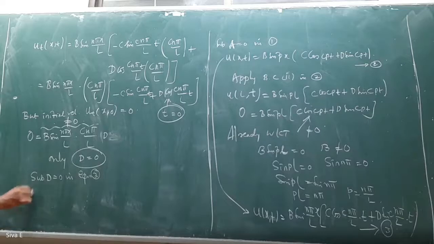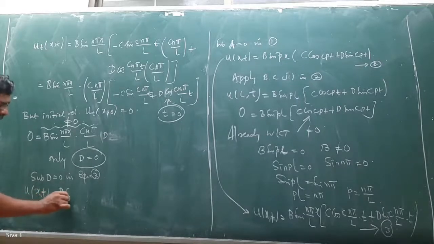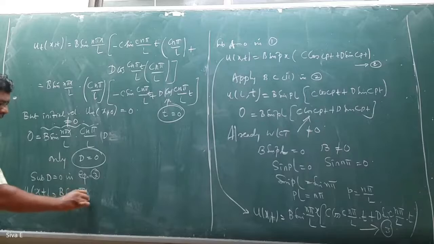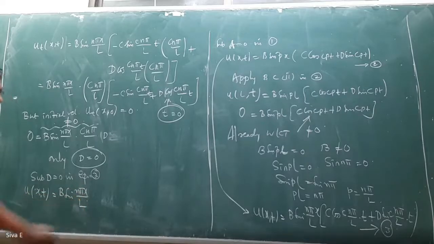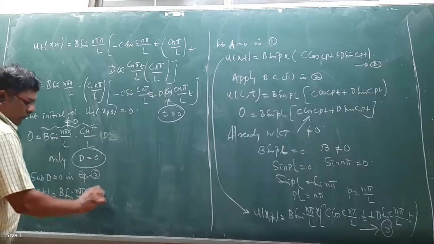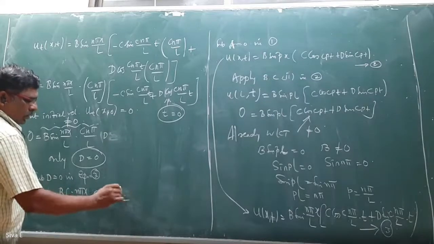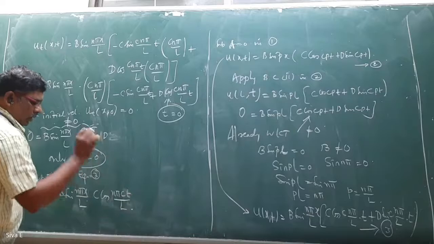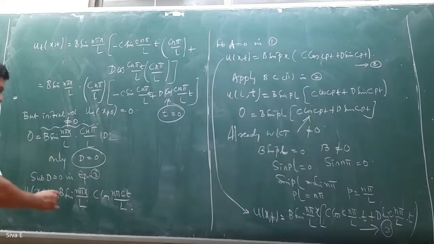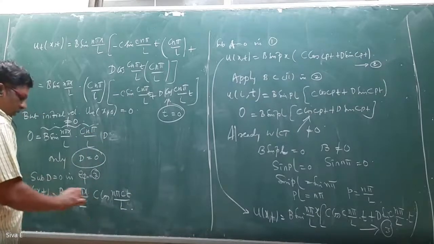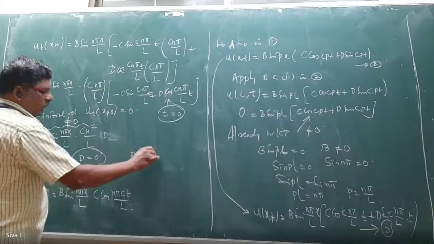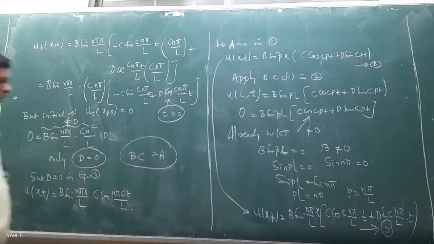We get u of x comma t equal to b sin(nπx/L) into c cos(nπct/L). But b and c are both constants, so b into c equal to some a.